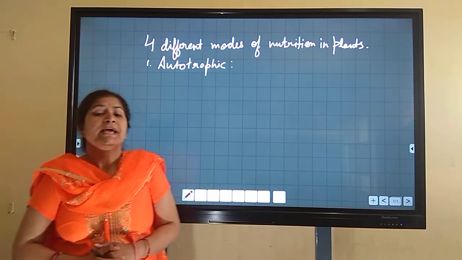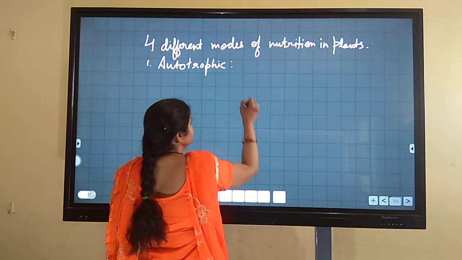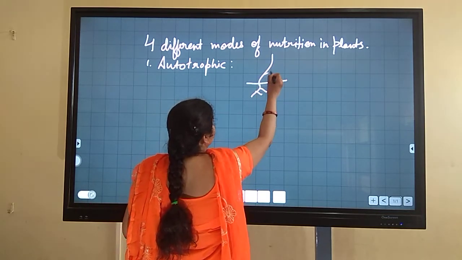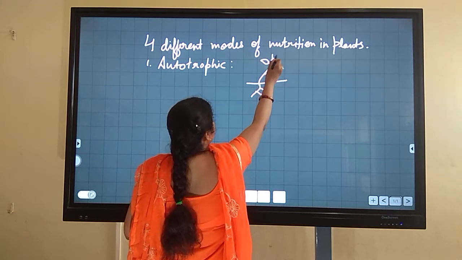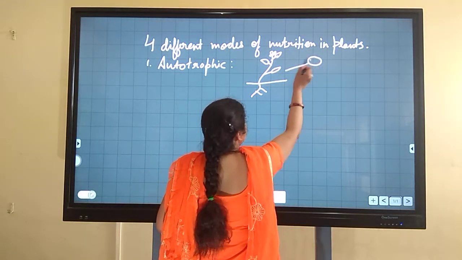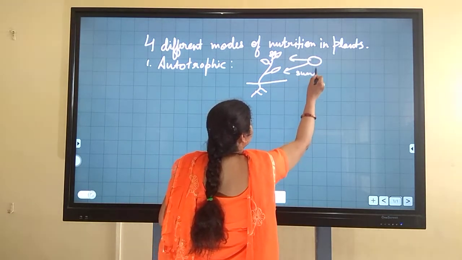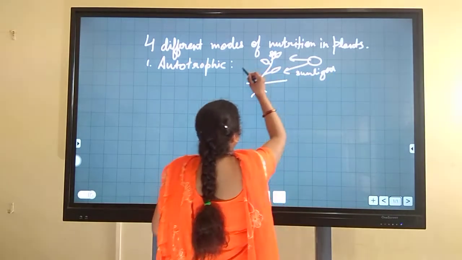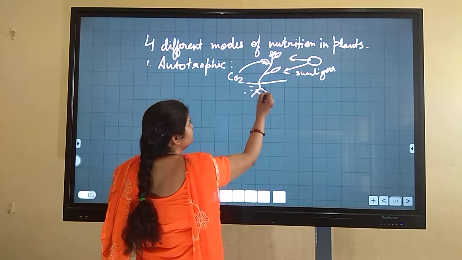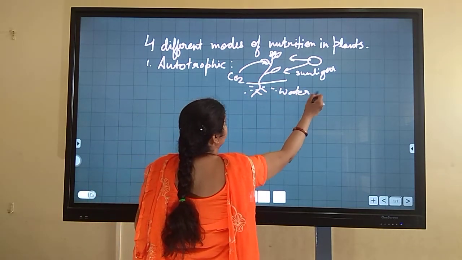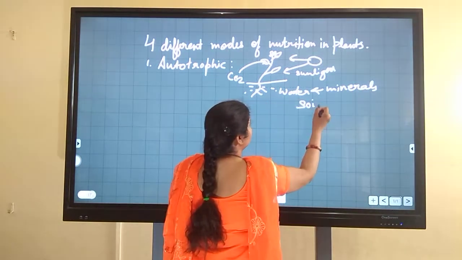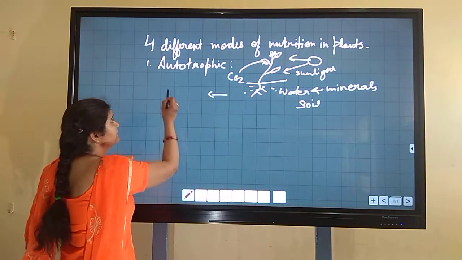Here the plant is green in color because of its chlorophyll. So it is green in color, it has roots, it has leaves, and because of absorption of sunlight, carbon dioxide from the air, and water and minerals from the soil, it is able to grow itself.